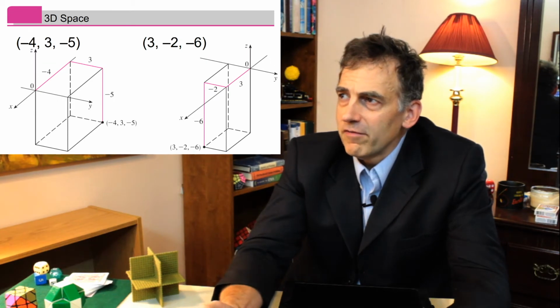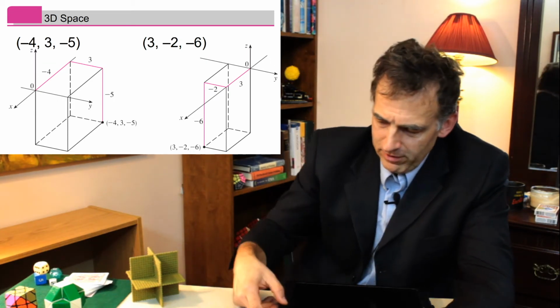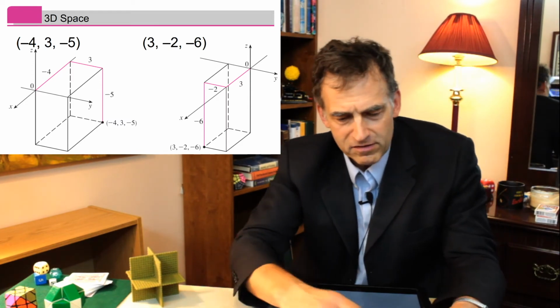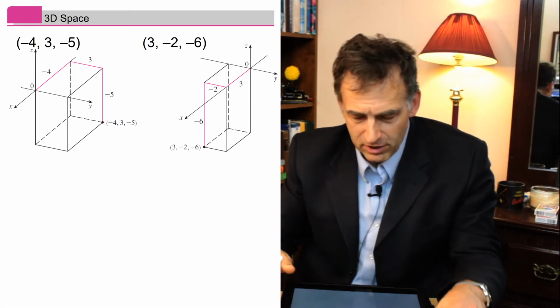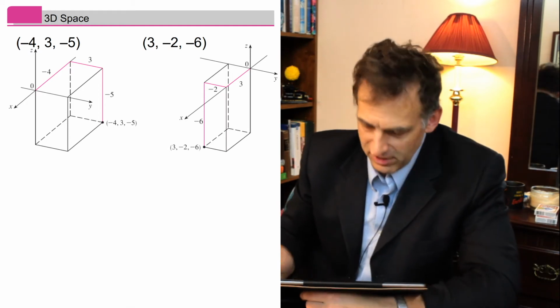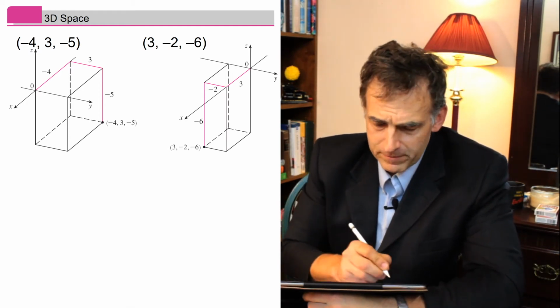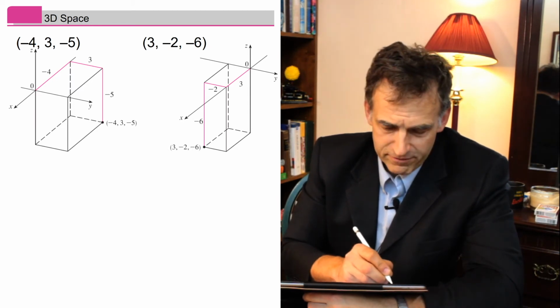Okay, so here's a couple of examples. We want to know the projections of these points onto those planes. So the first one, we have the point (-4, 3, -5).